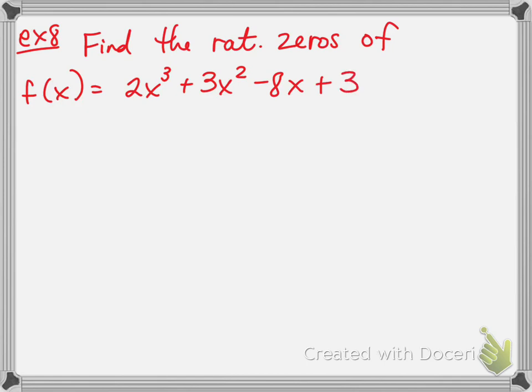So I use the rational zero test as a last resort. I'm always going to try to factor it first. If it factors, then great. That's much easier. But this one does not have a GCF. I try to factor by grouping.